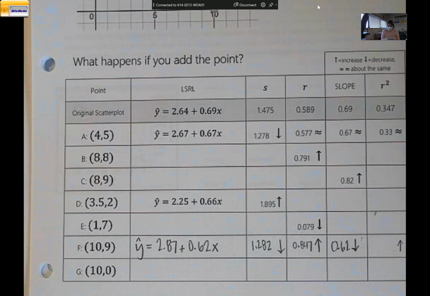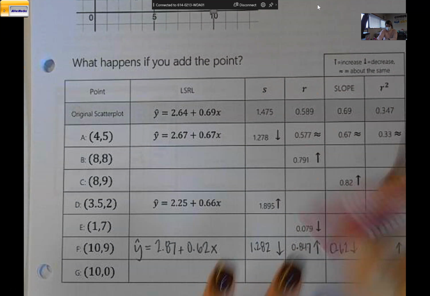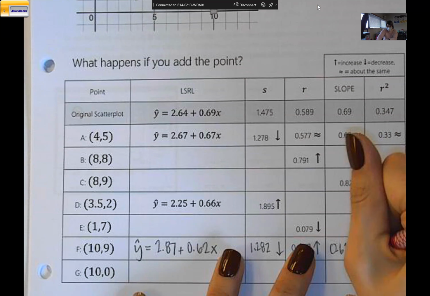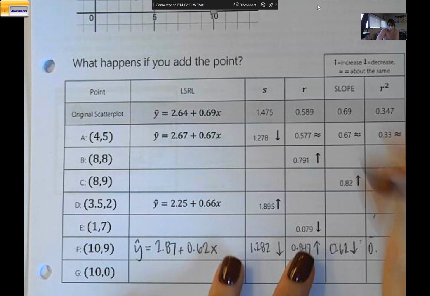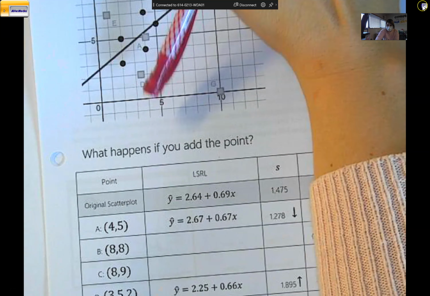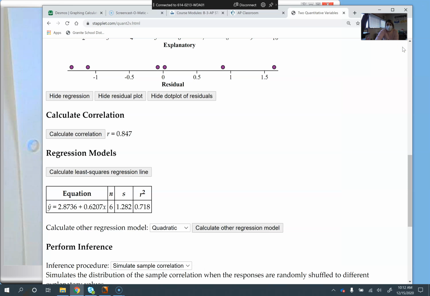I didn't write it down, so I'll just square 0.847. So 0.717. Is that what the table gives us? What does it give you? Did I do this wrong? 0.718. Got it. Do you guys feel okay about that?